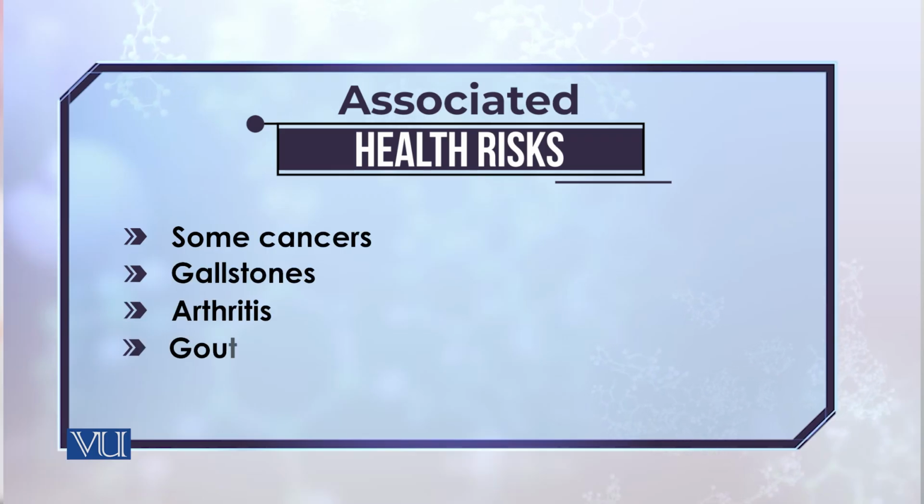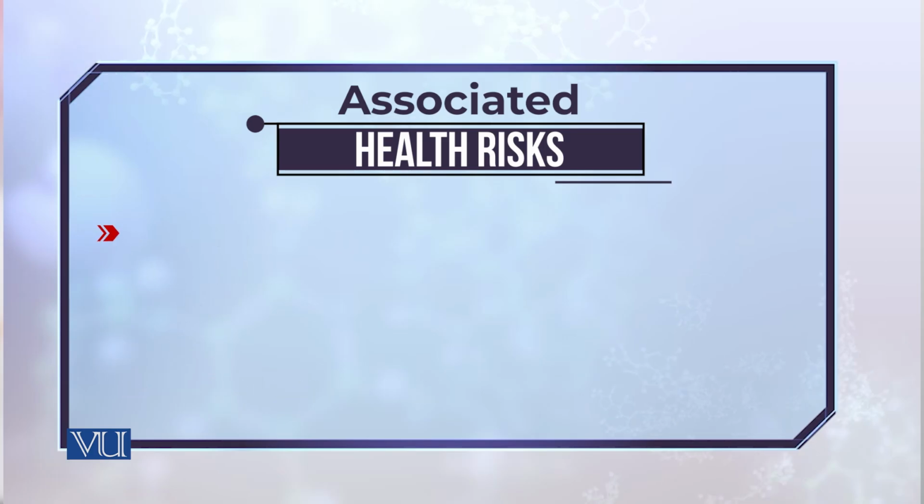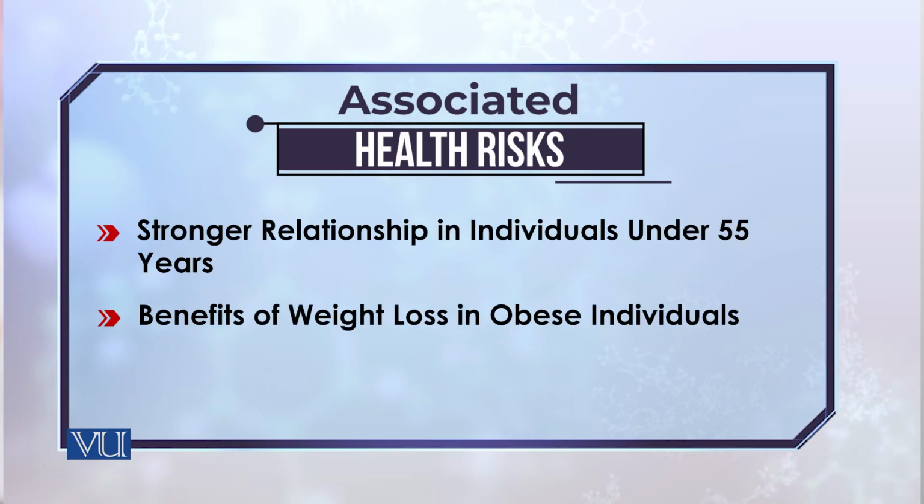Gallstones, your gallbladders have stones, arthritis, gout, again like arthritis, your limbs have very severe pain, pelvic floor disorders, you name it. When you are above 50 and you are obese, you should get yourself ready to deal with these associated risks with obesity.